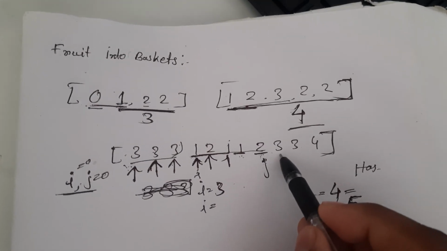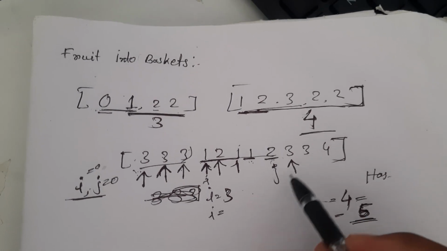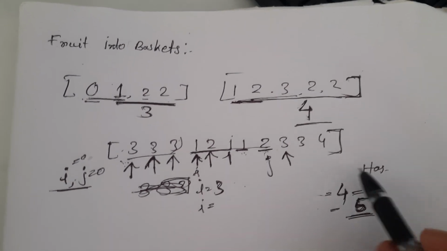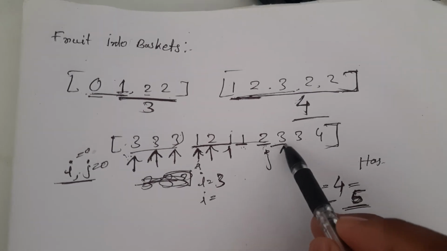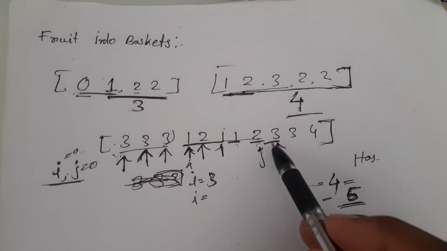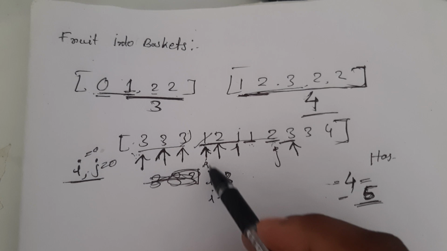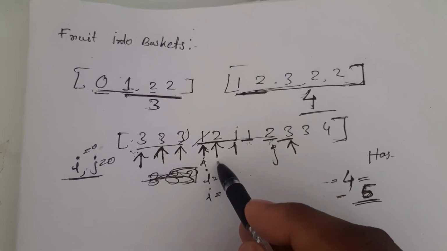And whenever we get 3 again, at that time we need to remove elements from the i side, because we are getting 3 distinct elements, which does not satisfy our condition. So I remove the element at i and increase i.